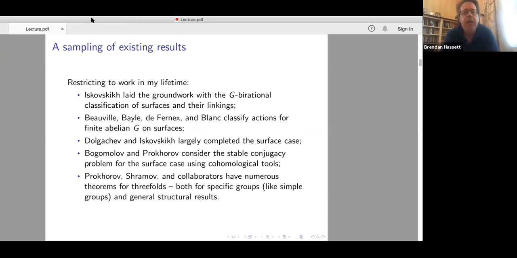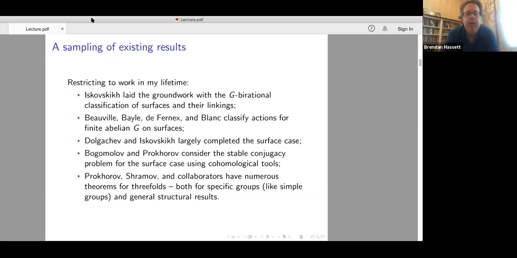And so Iskovskikh really did a lot of the key work to put this on a general footing. And so basically the description of minimal models of geometrically rational surfaces and how they're related to each other is very important in understanding the realizations of a group in a Cremona group.